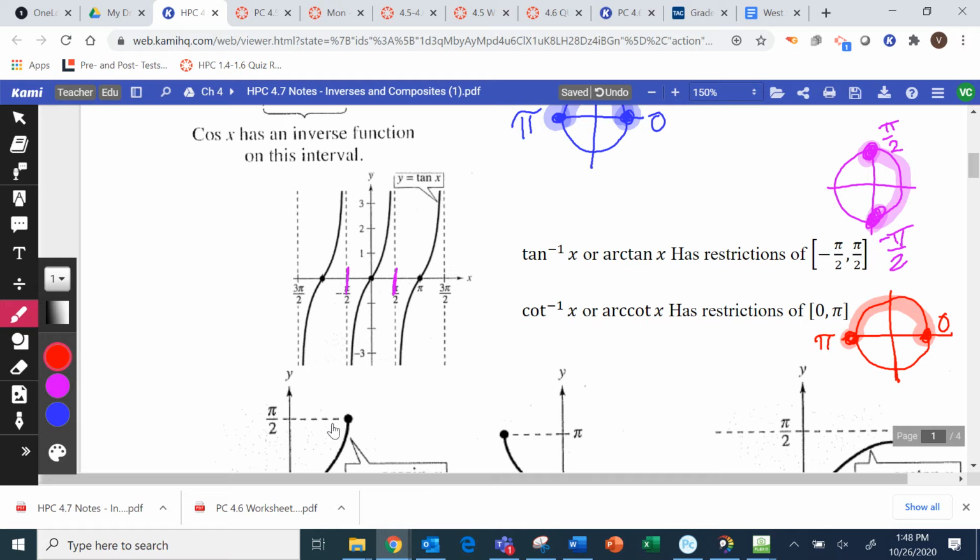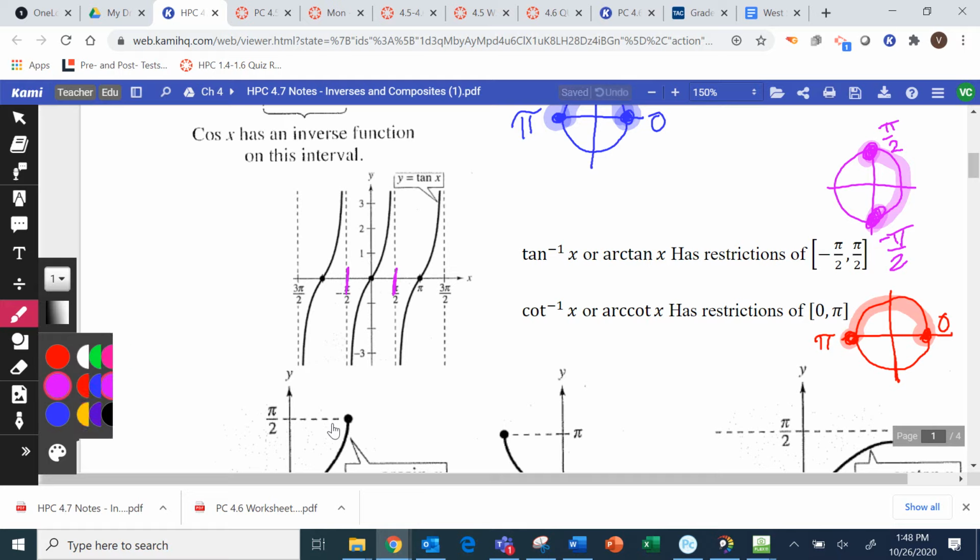You can notice that sine, cosecant, and tangent have the same picture. They have the same domain restrictions. And then cosine, secant, and cotangent have the same restrictions.